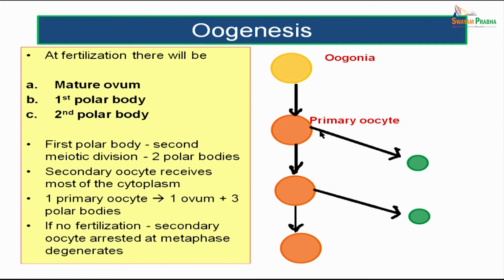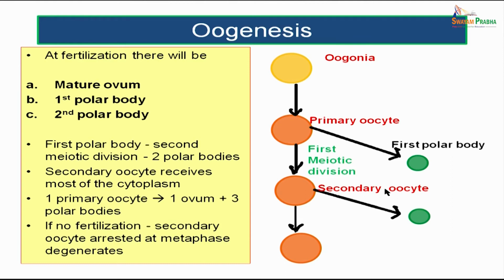So, this is the oogonia. Now, you can see the formation of the primary oocyte. Now, it is time for the first meiotic division. After the first meiotic division, the primary oocyte forms the first polar body and the secondary oocyte. This is what we have seen in a Graafian follicle.